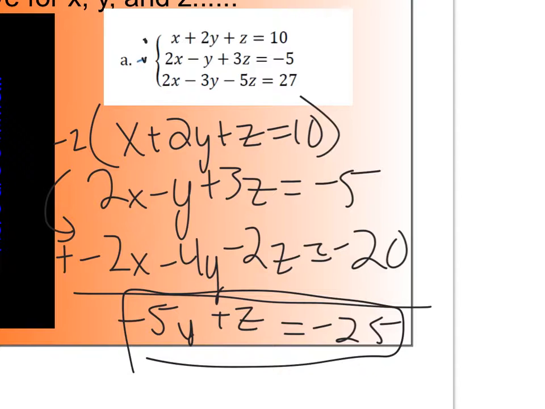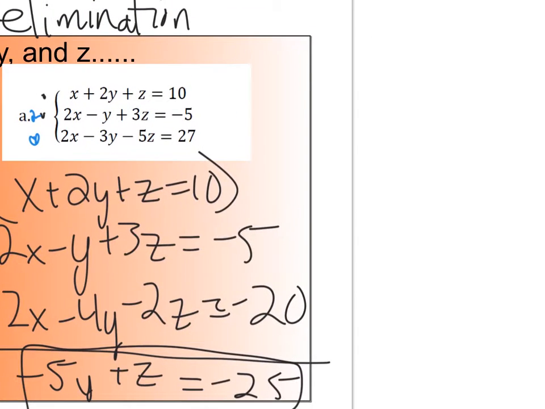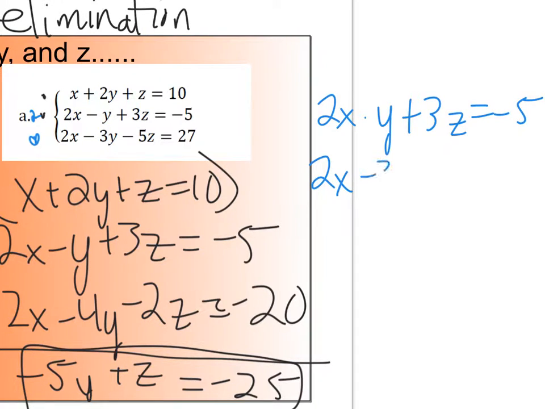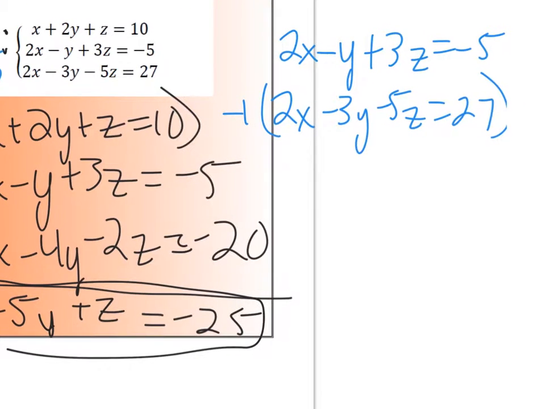If I take those 2, let me write those over here. 2x minus y plus 3z equals negative 5. 2x minus 3y minus 5z equals 27. What I want to do is multiply this bottom one by negative 1, and I'll leave the top one the same.